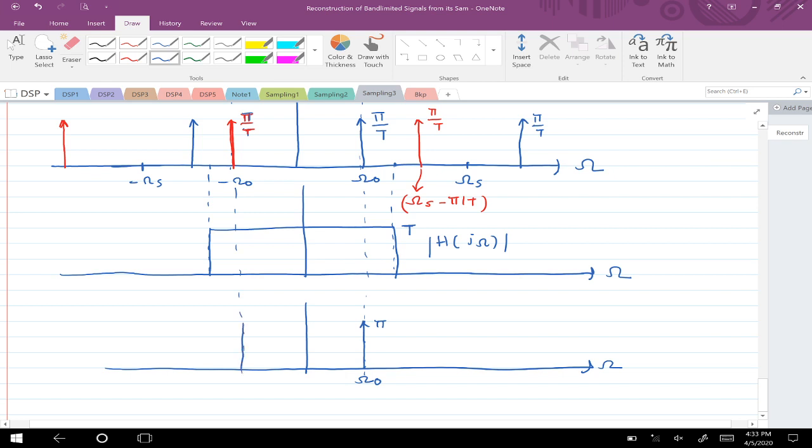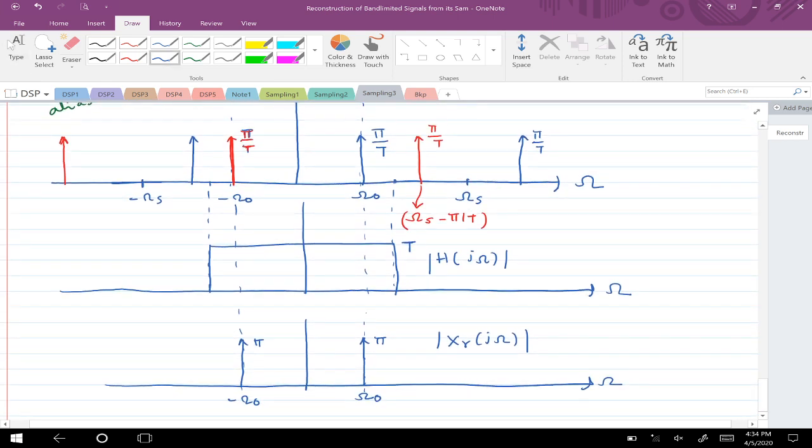Similarly here at minus omega naught, pi by T multiplied with that would give you pi. This is your magnitude of Xr of j omega when there is no aliasing.